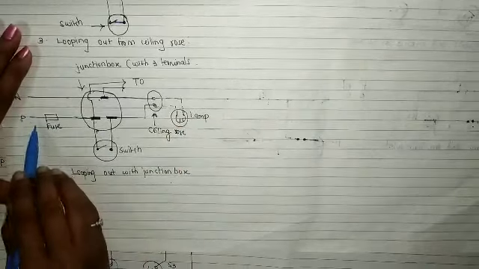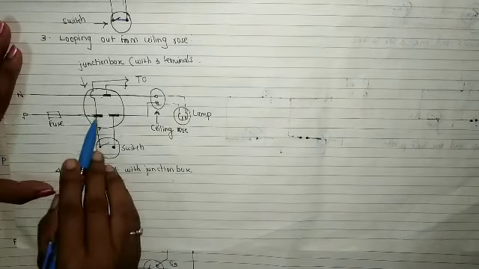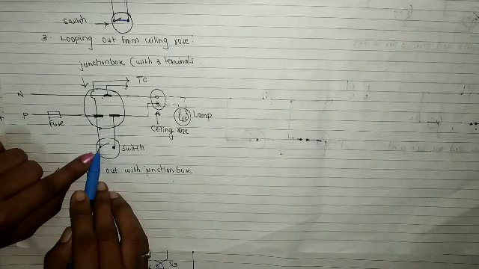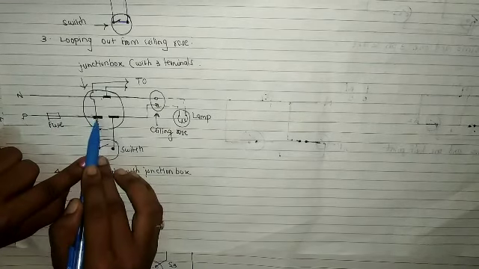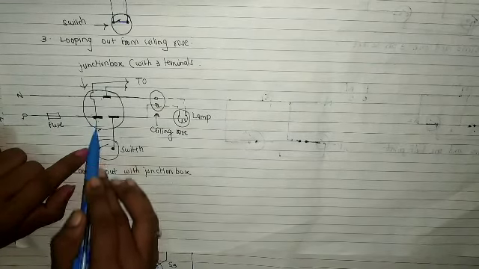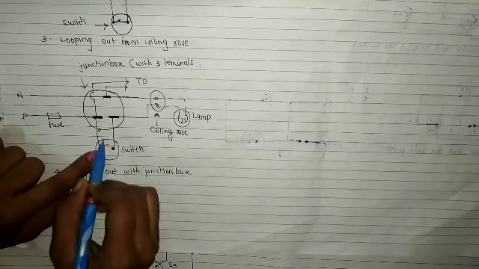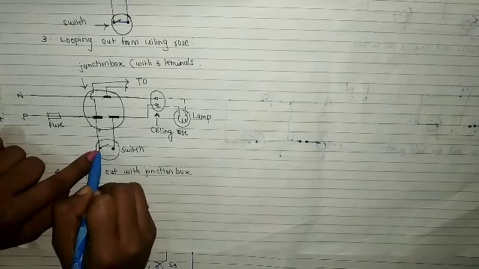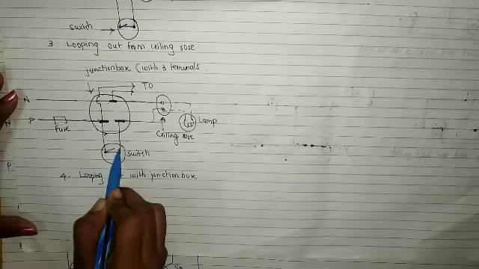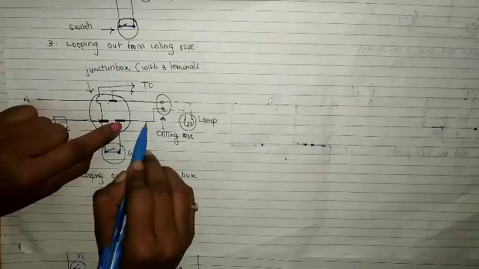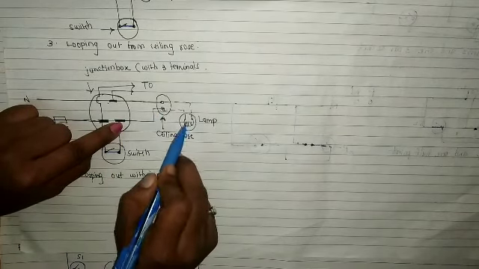So see once again, this is the phase coming here to the switch, right? This phase came to this terminal, and from this terminal to the switch. Now whenever we turn it on, this will be the position. So the current will flow from here to here, then to this terminal, and then to the ceiling rose, and then to the lamp.